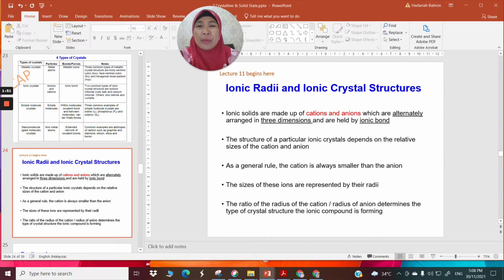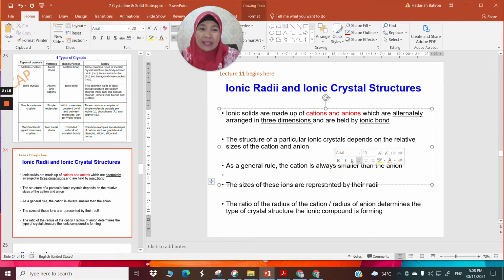Ionic crystals are a little bit different from the metallic crystals that we described in lecture 10. When we talk about ionic crystals, you have to look at the relative sizes of your cations and your anions. Generally, cations are smaller than anions.